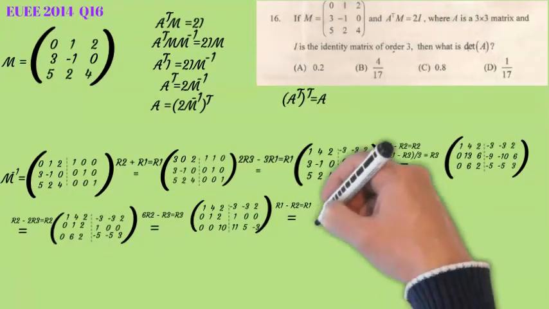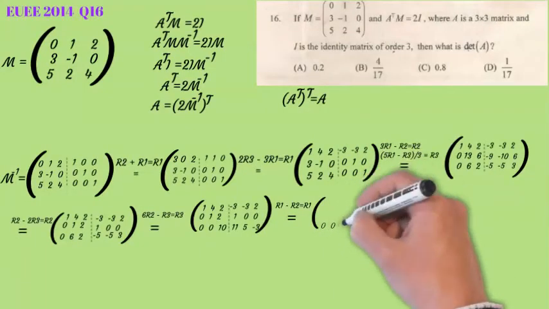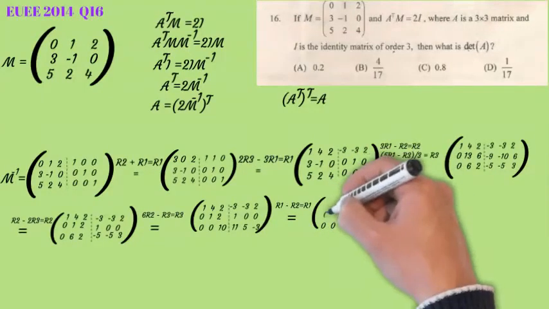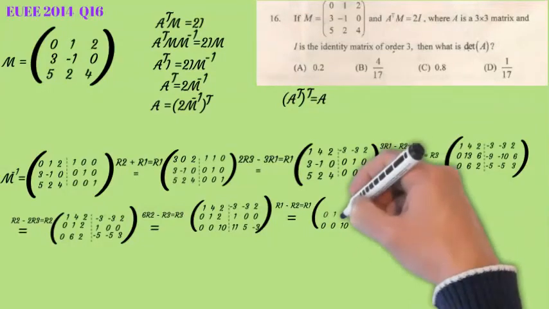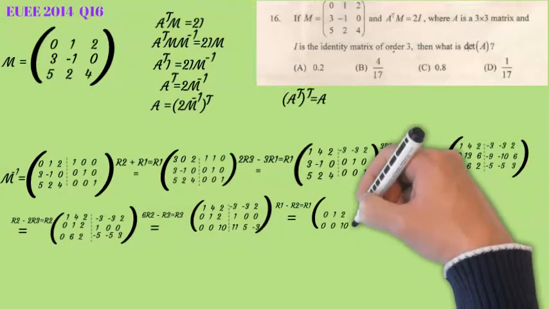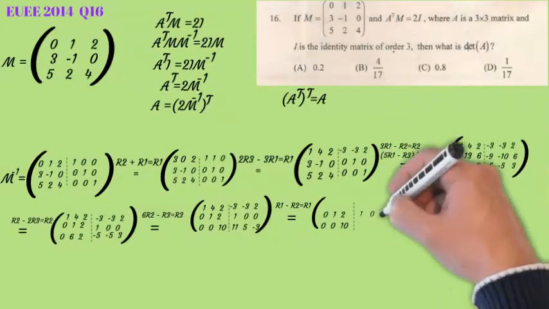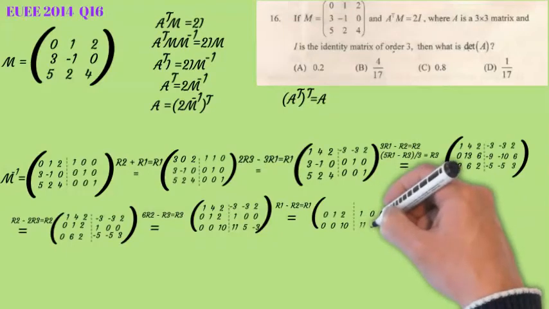Okay, in this case we are going to replace row 1 by subtracting row 2 from row 1. So we're not touching row 3 and row 4. So we are focusing on row 1.